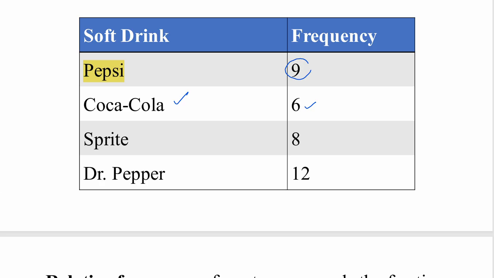We count the frequency for Sprite. We count the frequency for Dr. Pepper. Now, when you look at your frequency distribution table, you will notice that in this form, it's a bit easier and more understandable to see that Pepsi has the highest frequency and Coca-Cola is the lowest. I'm sorry, Dr. Pepper has a higher frequency, Coca-Cola has the lowest frequency.